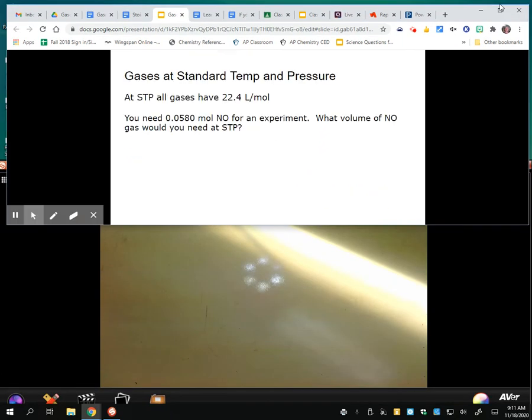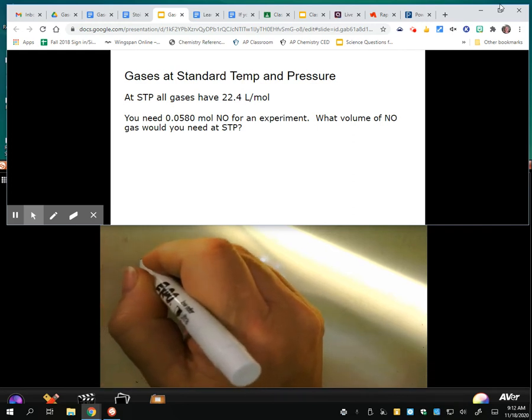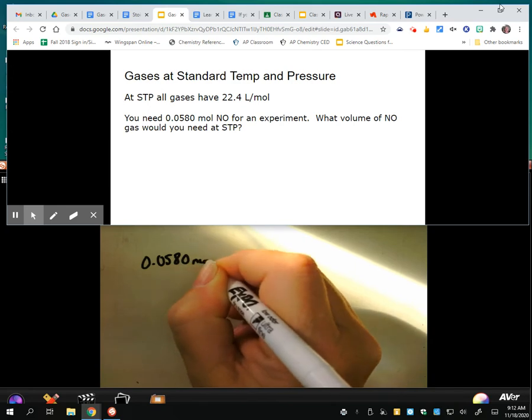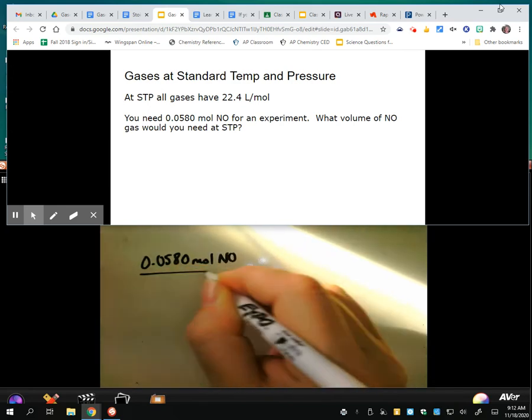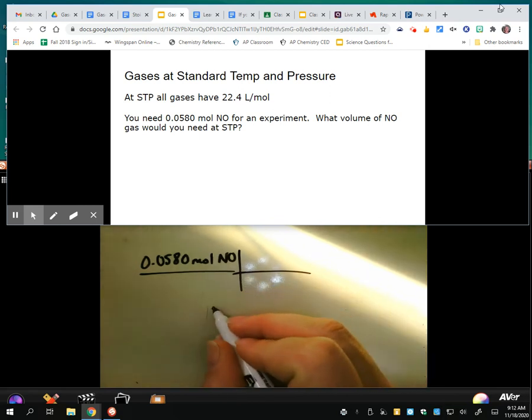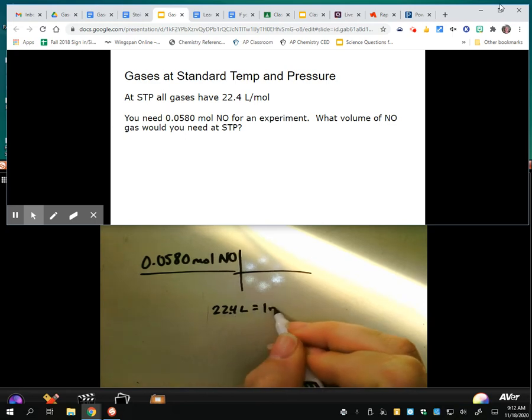So for this one, what we're going to do is we have 0.0580 moles of NO, and we want to go to liters. But since it is at STP, we can use 22.4 liters per mole.